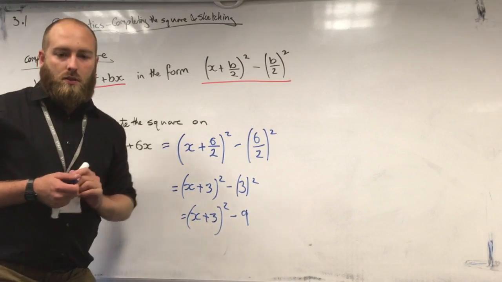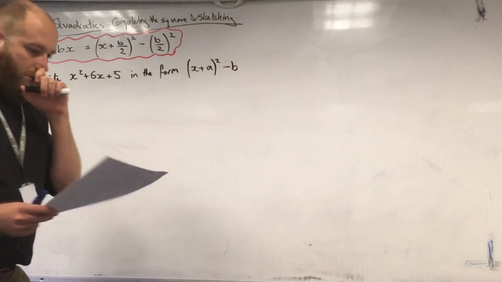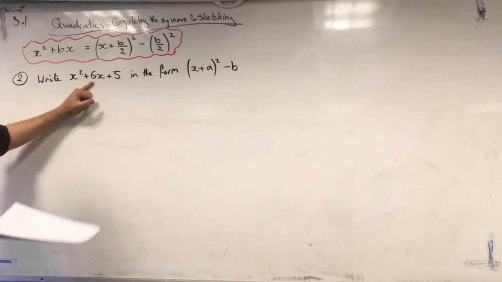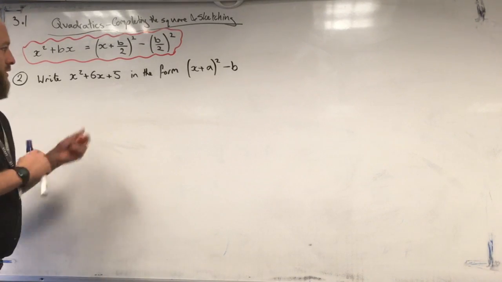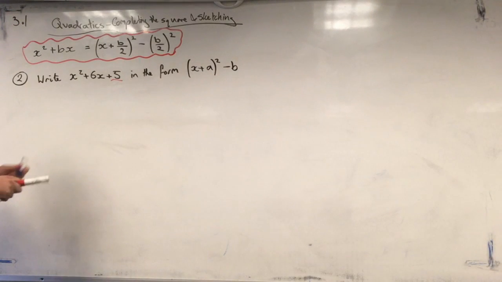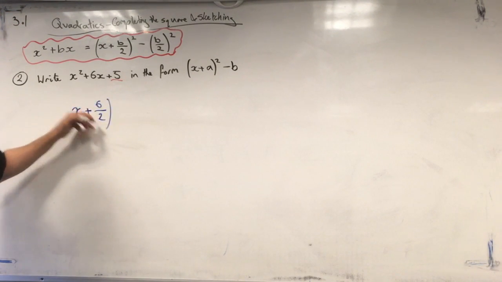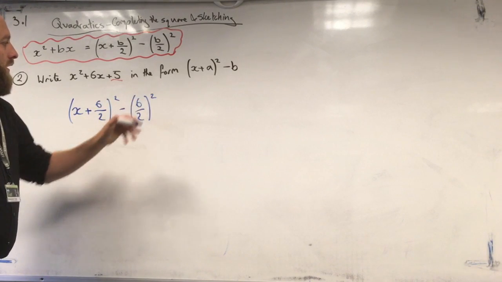Right, let's try some harder ones. Okay, so example 2, slightly different now. We've got a number on the end as well, but we're still using 6x. And the way we're going to do this is literally just by ignoring the 5 until we're finished. So same as before, x plus 6 over 2 squared minus 6 over 2 squared.